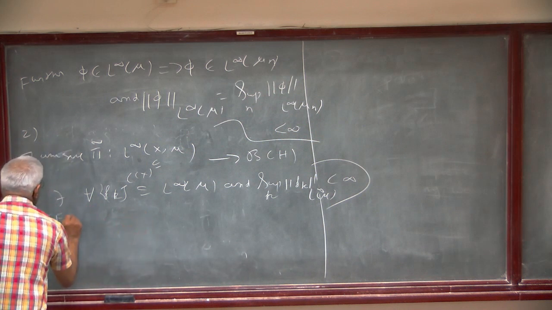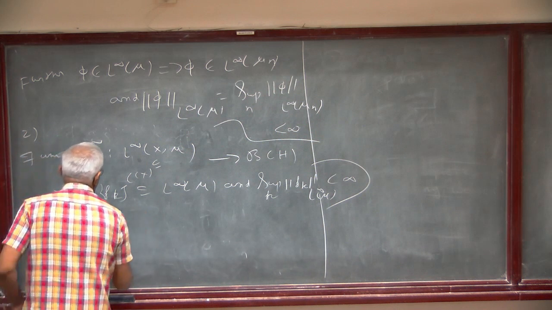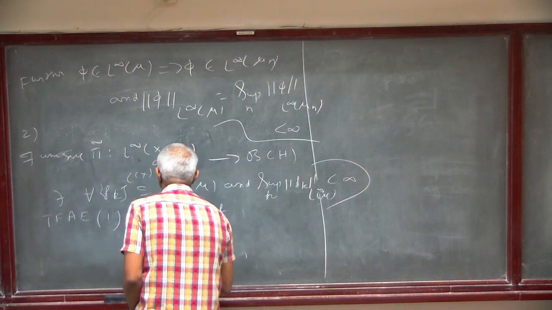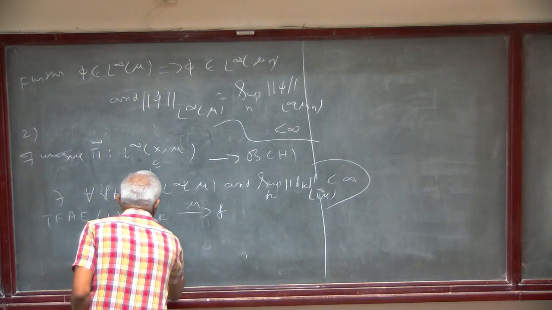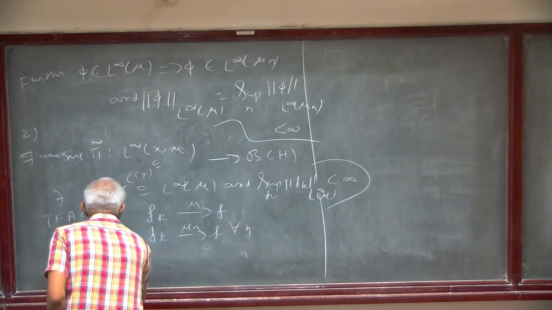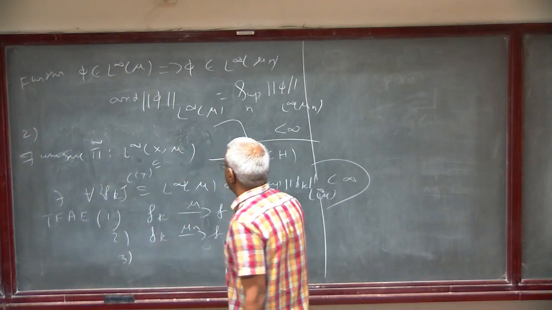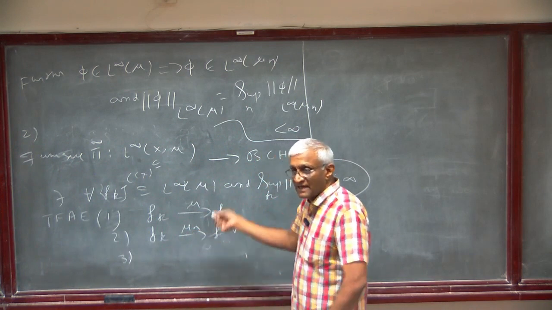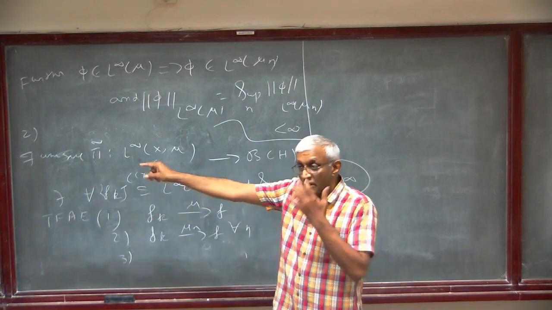So for F K, we have mu n for all n, in L infinity mu, and also we have proved that.